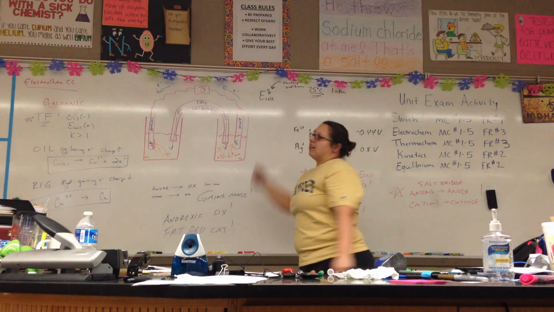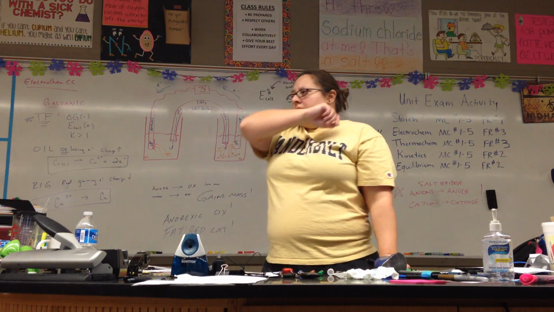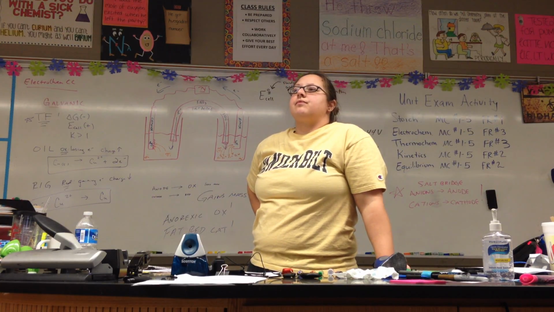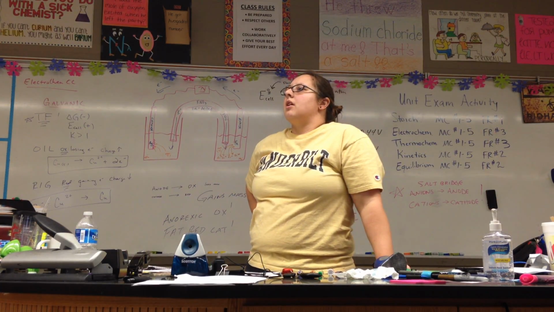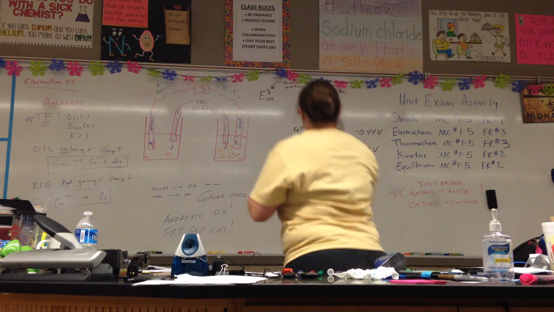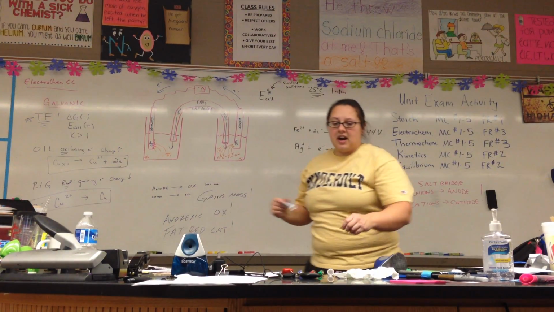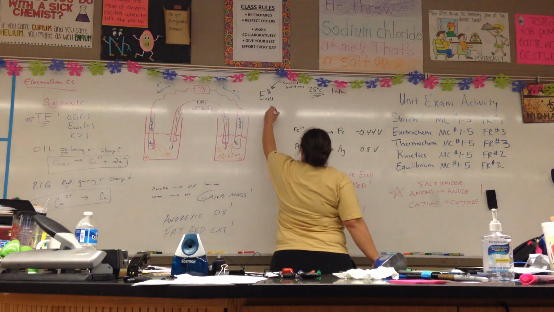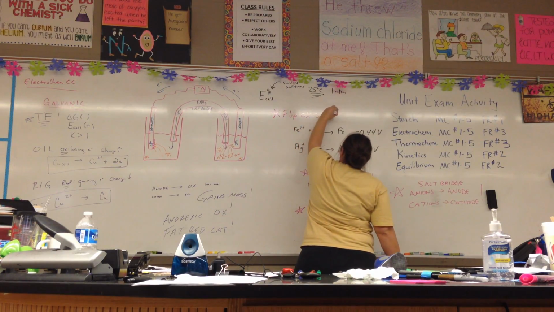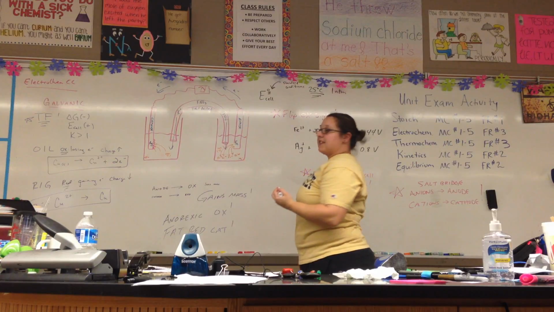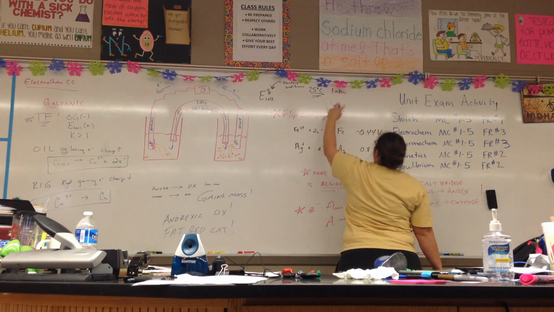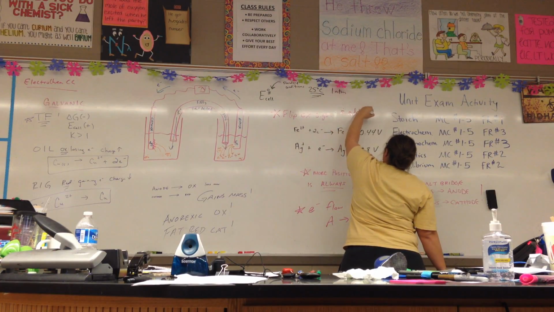So how do we find that value? We have to flip the sign of one of them. Which one do we flip the sign of? The oxidized one. So to find this, we flip the oxidized sign, and then we add the E cell values together.